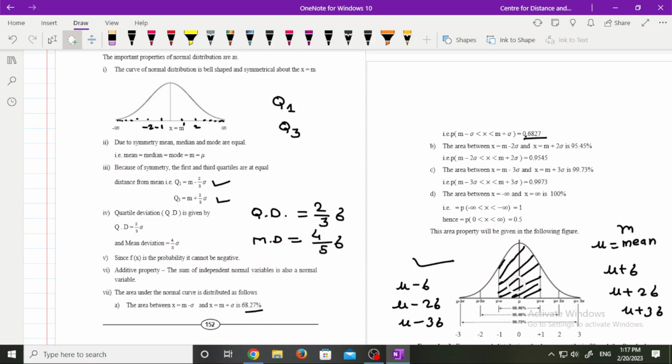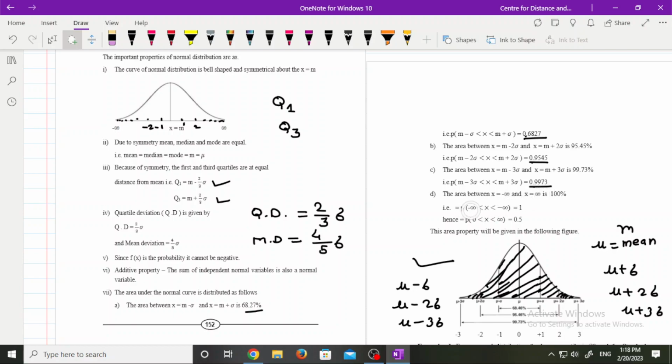Now, the area from m minus 2 sigma to m plus 2 sigma, up to mu plus 2 sigma, is our 0.9545. Then from m minus 3 sigma to m plus 3 sigma, this area is our 0.9973.